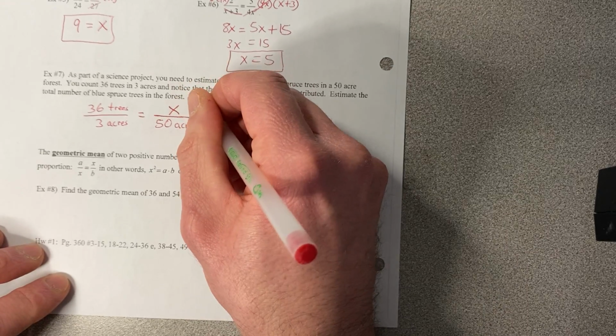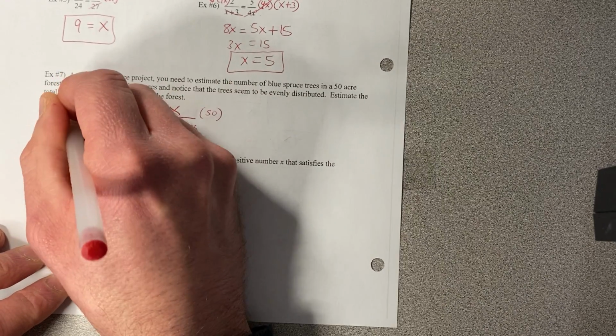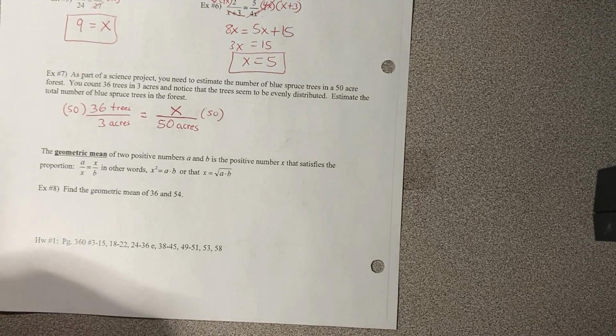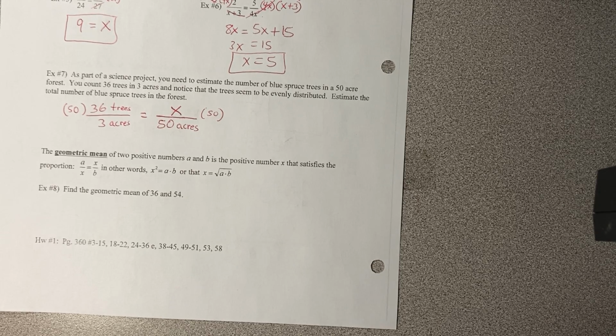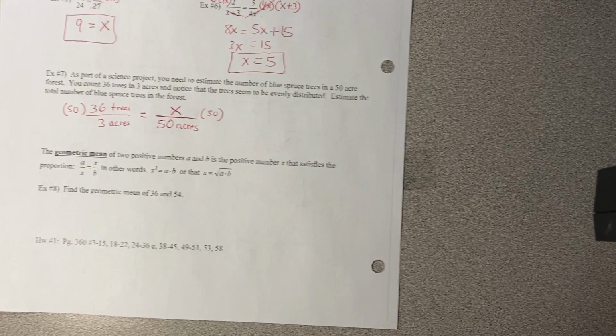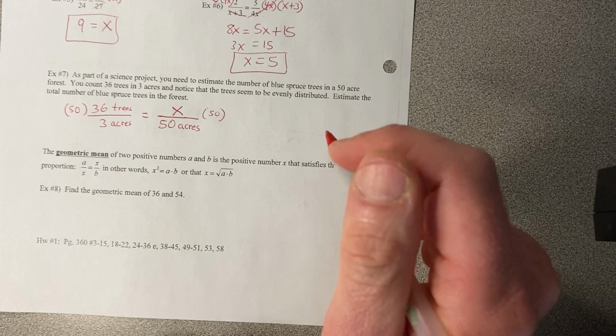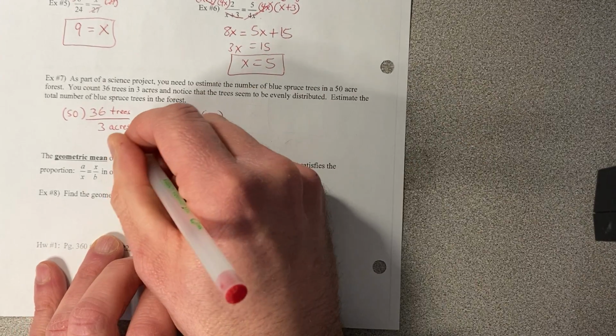Yeah, I'm just going to multiply by 50. Both sides. And then I'll do 36 times 50 divided by 3. Brady, what did you get? 600. That's what I got as well.